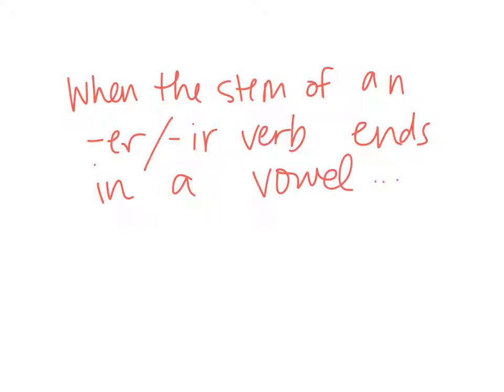This is what that rule is for. So it'd be like verbs like leer or oír or creer. Creer means to believe. I don't know if you've learned that one yet. But leer means to read. Oír means to hear. Creer means to believe. So do you see how the stems of each of these end in a vowel?